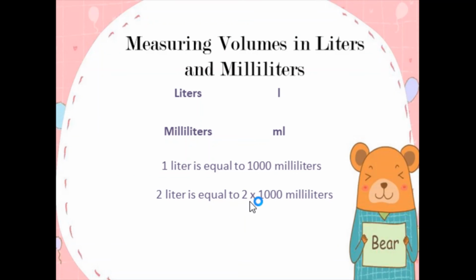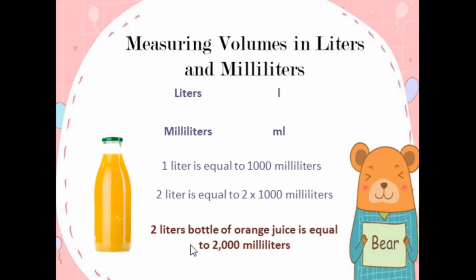It's 2 times 1,000 milliliters, right? So that means if you have 2 liters of bottled juice, this bottled juice measures 2,000 milliliters, because a 2 liter bottle of orange juice is equal to 2,000 milliliters. Again, liters use L, milliliters use ml.